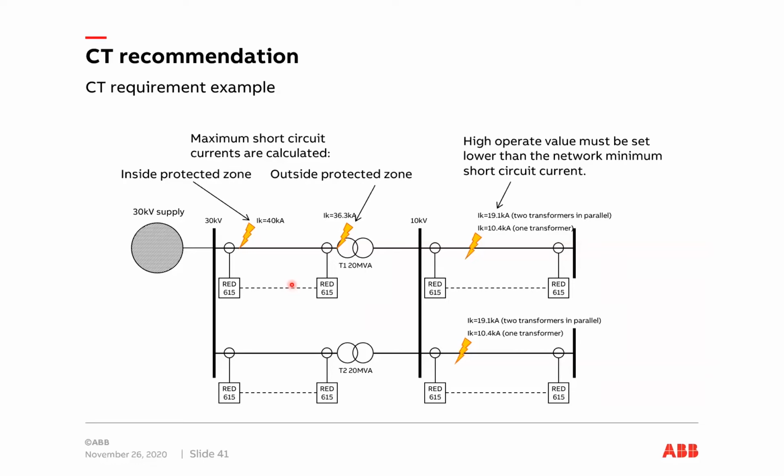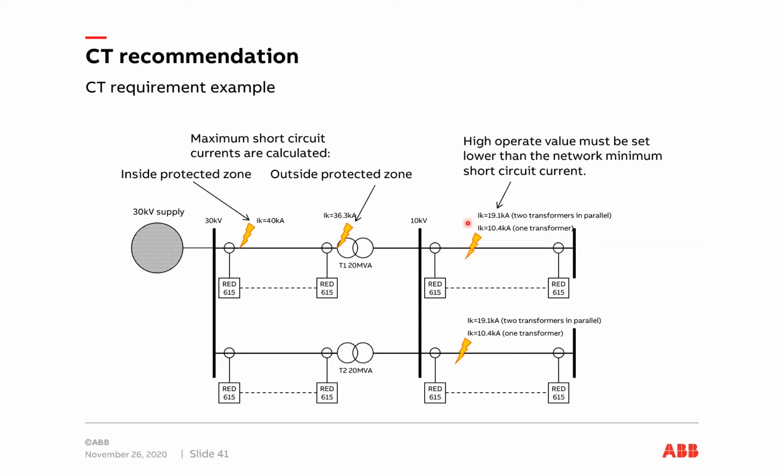For example, in this case, when calculating the maximum short circuit current, we get different results depending on the network configuration. If we are feeding with only one transformer here, the maximum fault current will be 10.4 kiloamps on this line. But if both transformers are connected, then we will have 19.1.